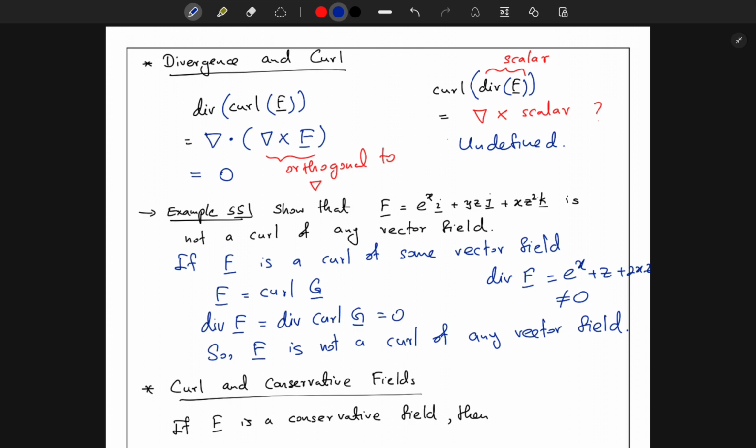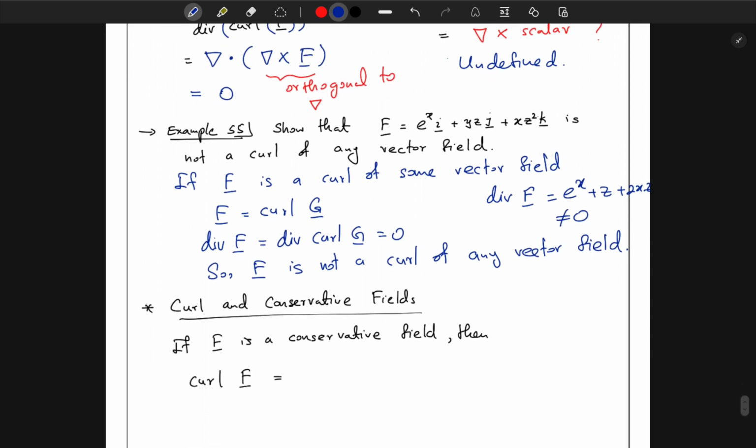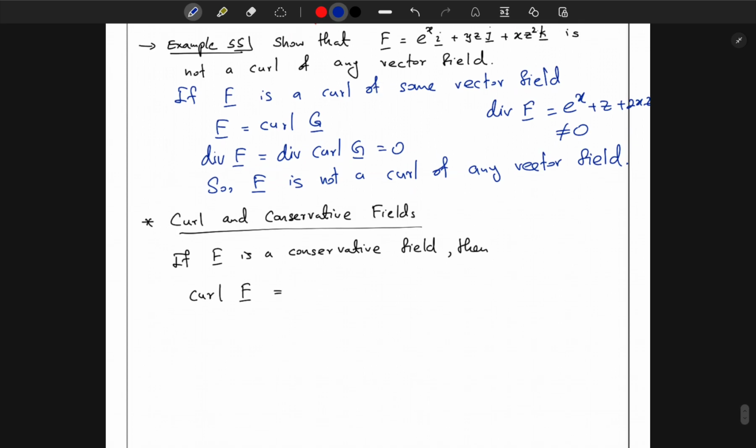Okay, now the last thing for this section is the connection between curl and conservative fields. If f is a conservative field, then the curl of f is, by definition, the cross product.